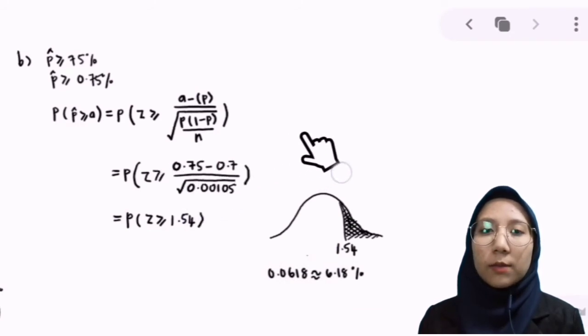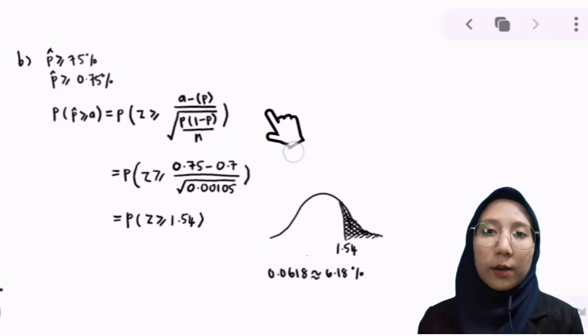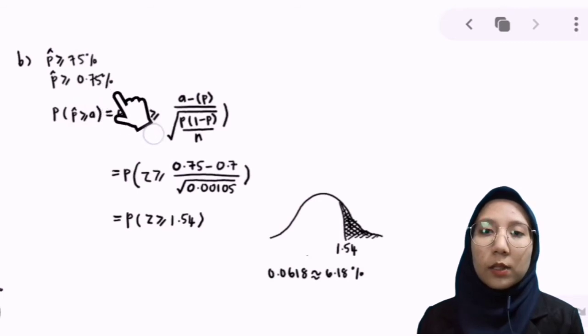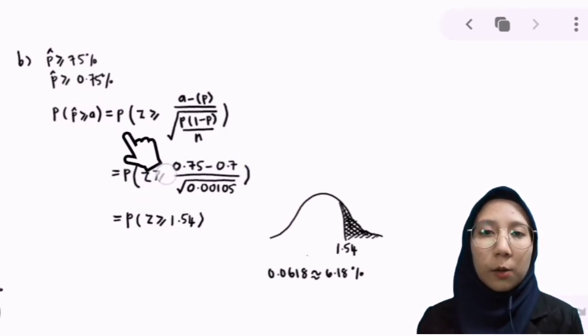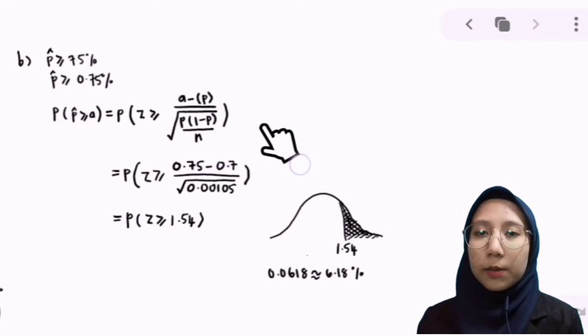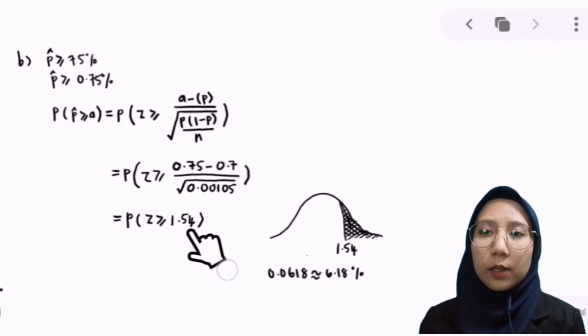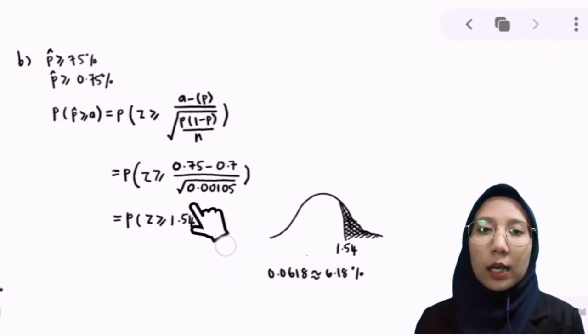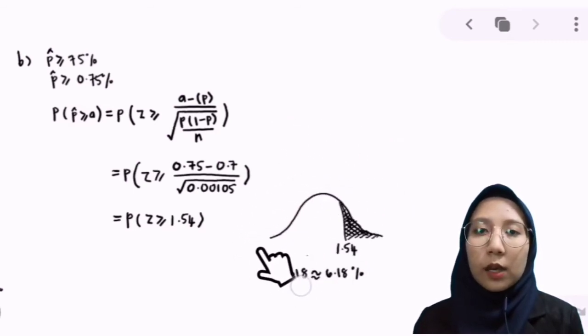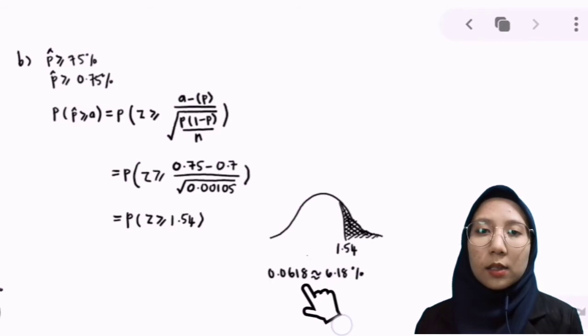From the question, it asks for the probability greater than 75%, so we will get 0.75, and we use this formula to find the probability, and we get that z is greater than 1.54. Then we look at the table, and we know that this is the answer from the table.